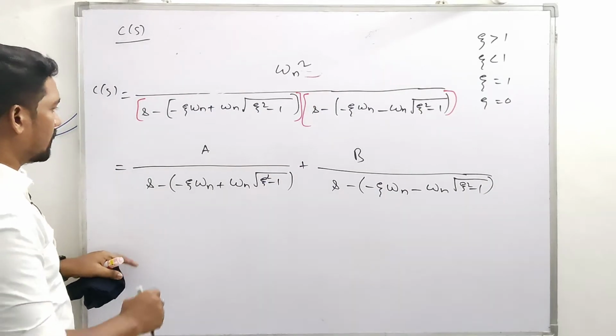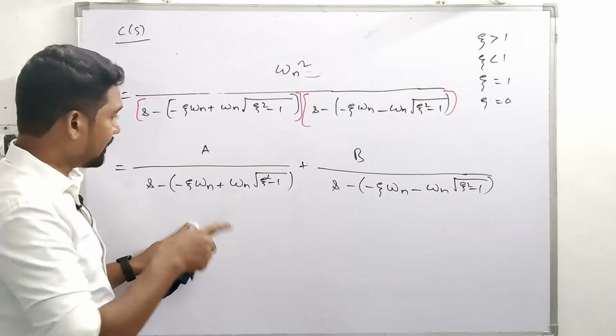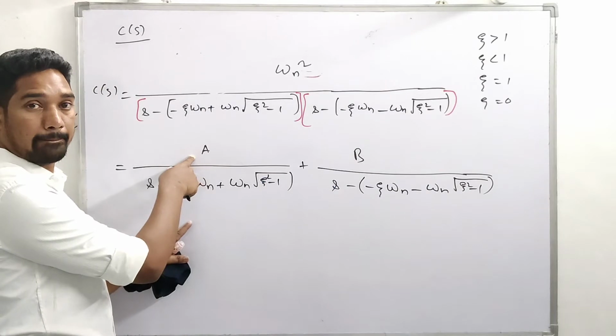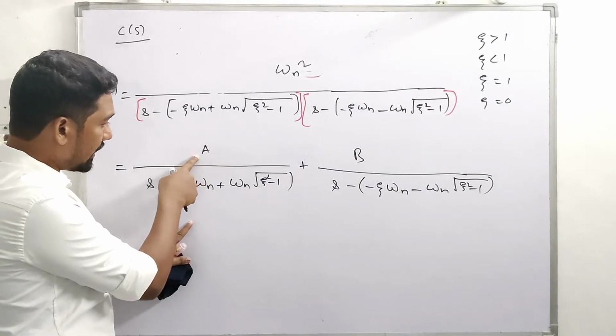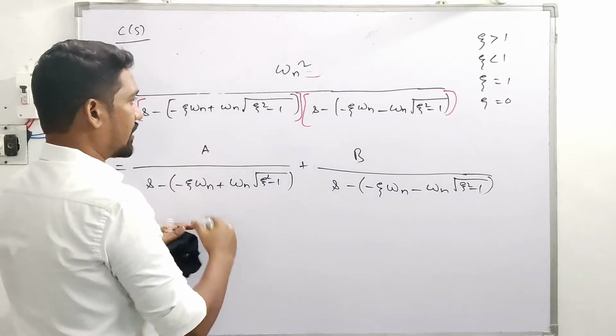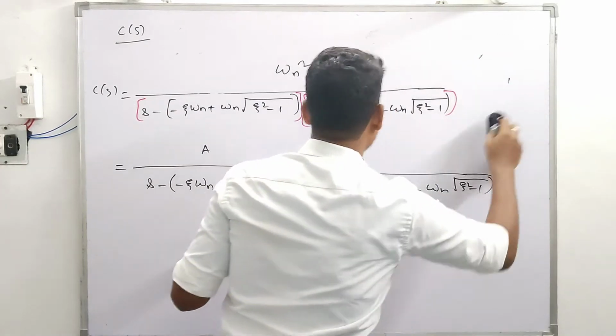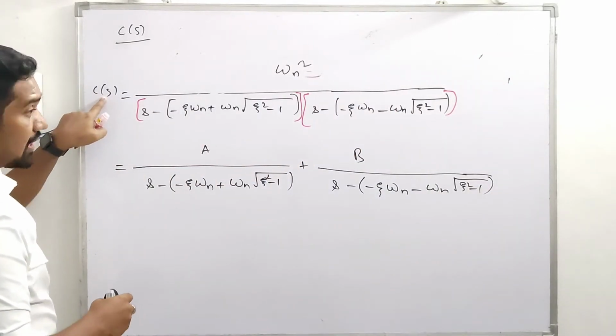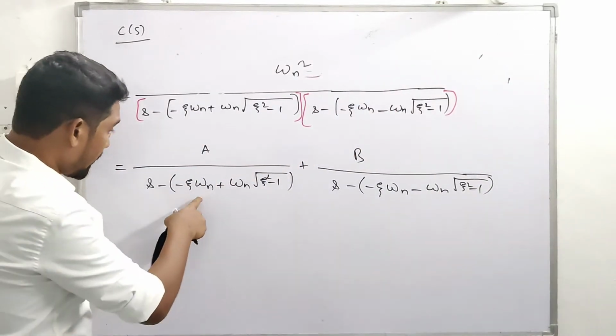All right, so that procedure to evaluate A. Getting back to C of s, the C of s is multiplied with the A residue.